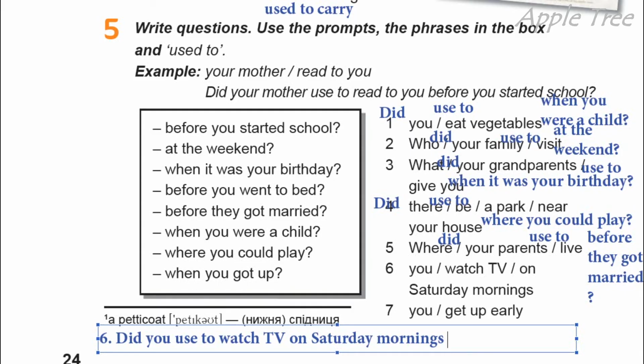Yes, when you got up. So, I definitely used to watch TV on Saturday and on Sunday mornings when I got up.